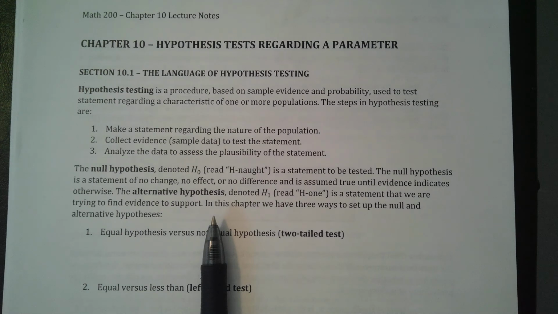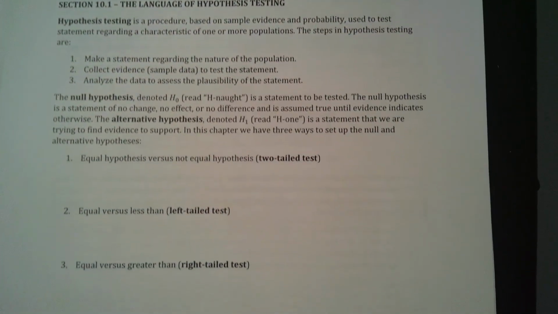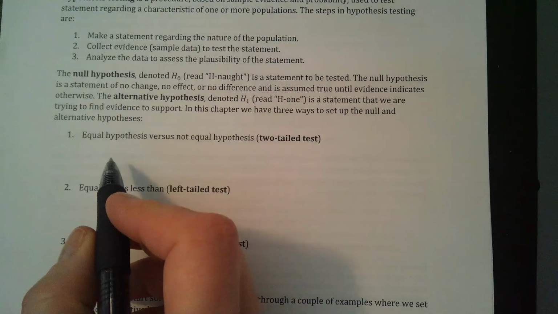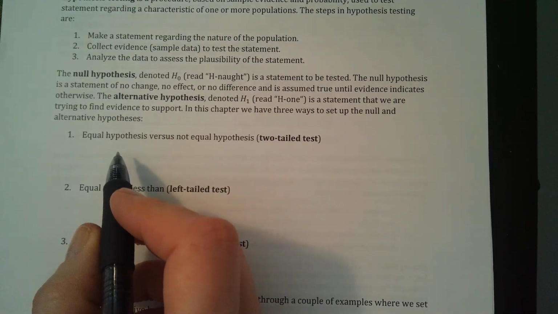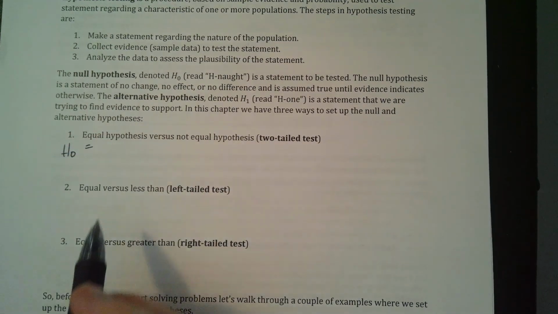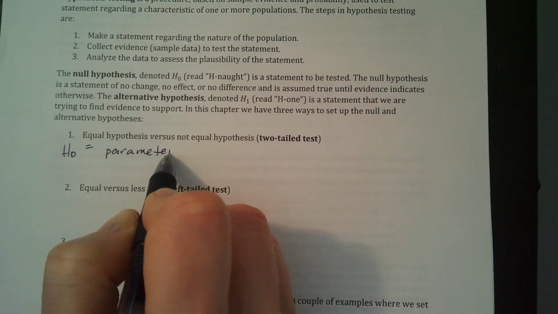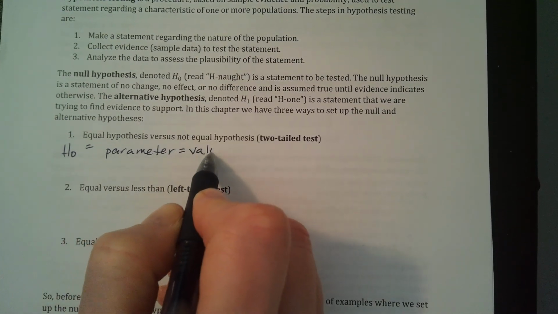The alternative hypothesis, H1, or H alternative, HA, is a statement that we are trying to find evidence to support. In this chapter, we will have three ways in which we can set up this null and this alternate hypothesis. We can have an equal hypothesis, in which the null hypothesis is where your parameter equals some value.